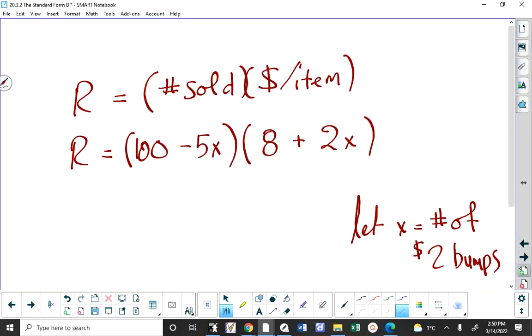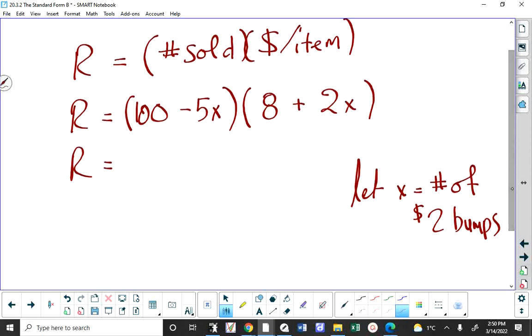Now, would you agree that if you multiplied that out, it would be quadratic? Let's multiply it out. First, outer, inner, last. First is 800. You guys keep me honest here with my multiplication. Outer is 200x. Yeah? Good.